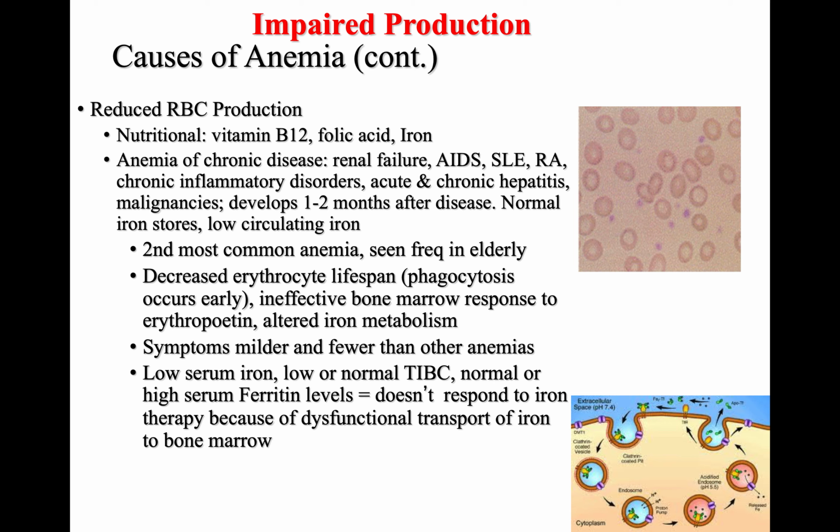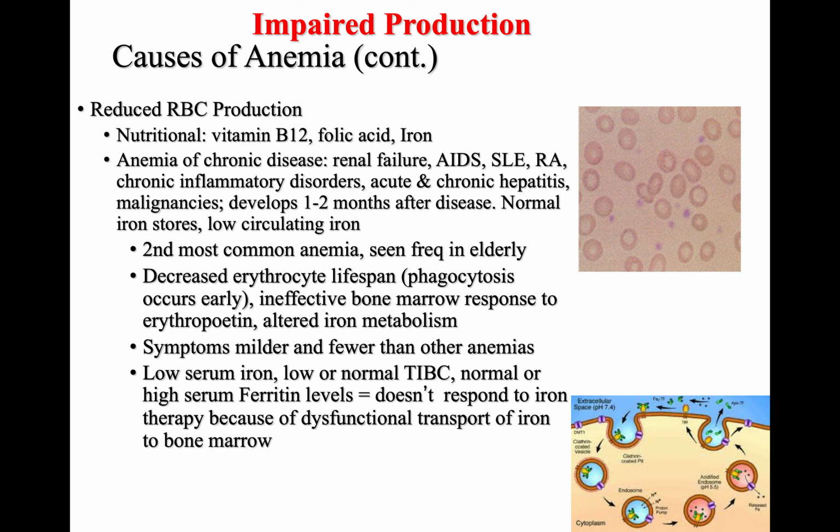Impaired production. Another cause of anemia would be reduced red blood cell production. Nutritional causes, vitamin B12, folic acid, and iron, are the basic culprits. Anemia of chronic disease can be any type of kidney disorder, any type of kidney disease, AIDS, lupus, rheumatoid arthritis, chronic inflammatory disorders, which basically are lupus and rheumatoid arthritis, acute and chronic hepatitis, and malignancies throughout the body.